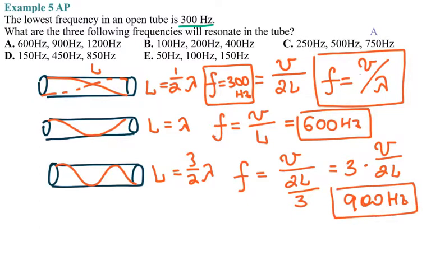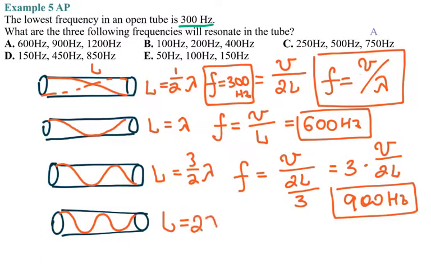Wait, let me see. Oh, the next 3. I found the first, second, and third, and then you need the next 3. So you need one more. It's open on both sides. Here is the next one, and L is equal to 2 lambda.